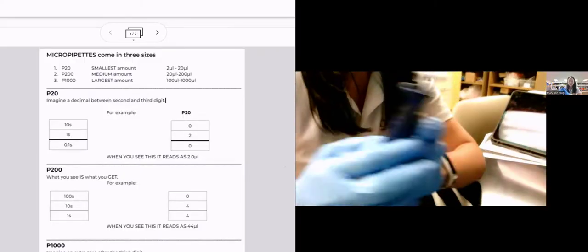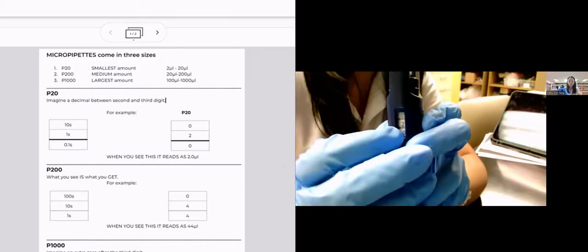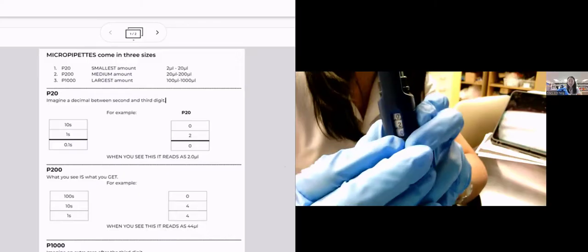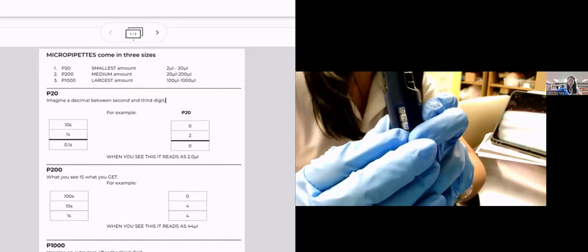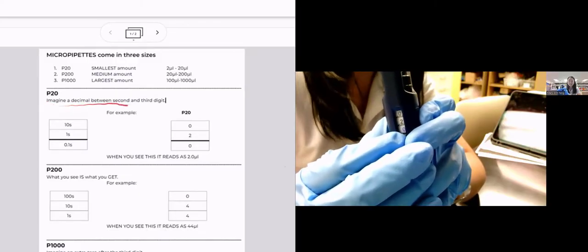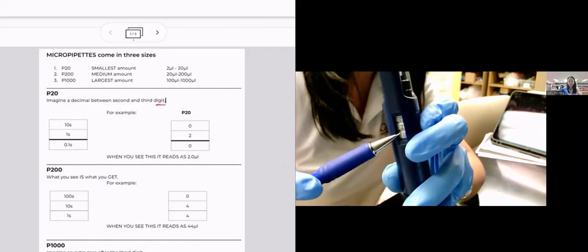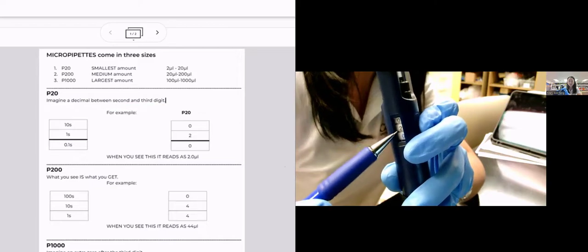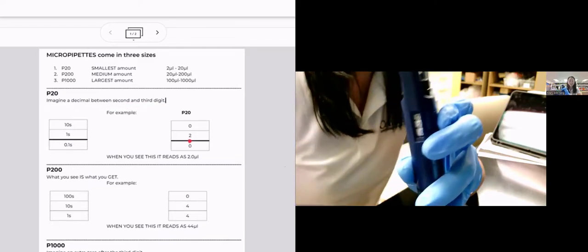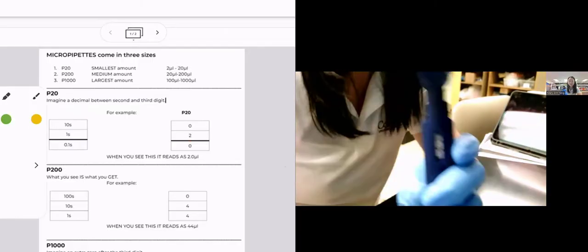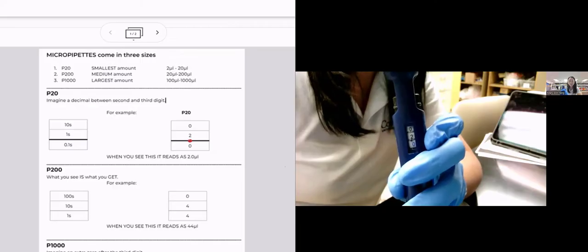However, when you look at the setting window, it has 3 digits. So how would you set it? Well, the trick is to imagine a decimal between the second and the third digit. So you're going to imagine a decimal right there. And for this, I am going to just put a decimal right there. So hopefully you can see that. 2.0.